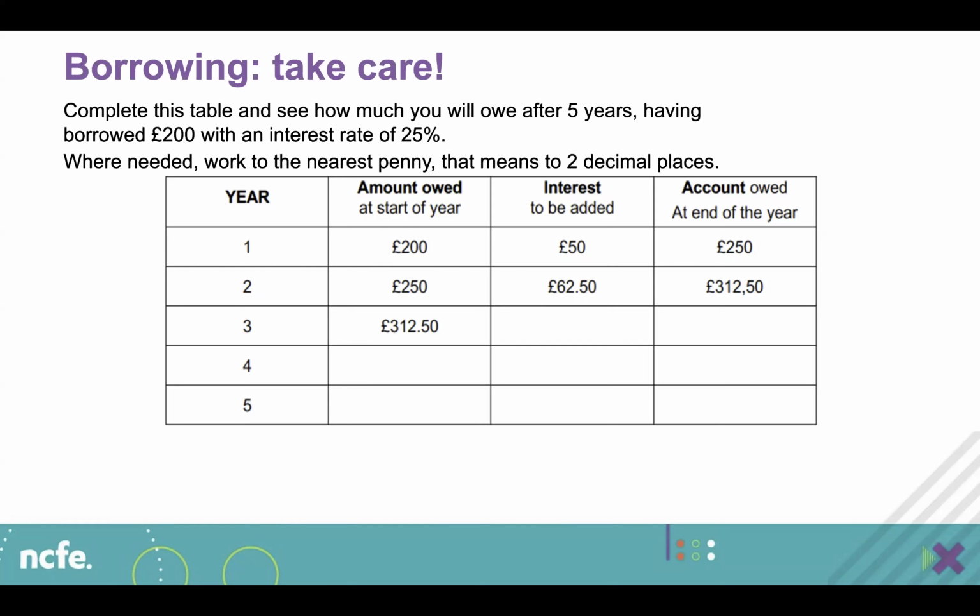If we do that in our calculator, the answer is 78.13 to two decimal places. So the total would be 390.63.